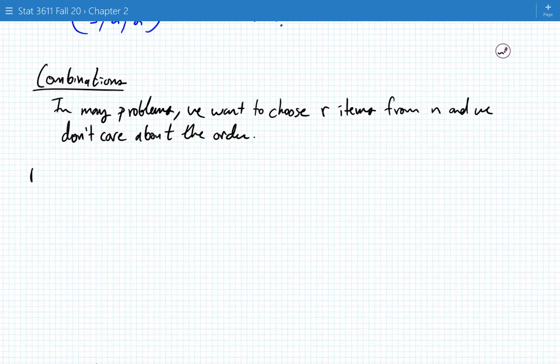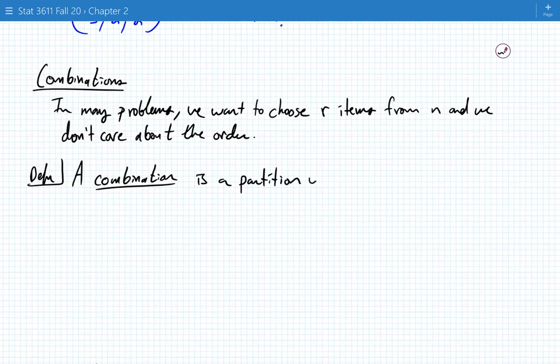So essentially, what a combination is, we'll go ahead and define this. A combination is really just a partition, and you have 2 cells. R of them you've chosen, that's one cell, and the other ones you did not choose, that's a different cell. A combination is a partition with two cells.